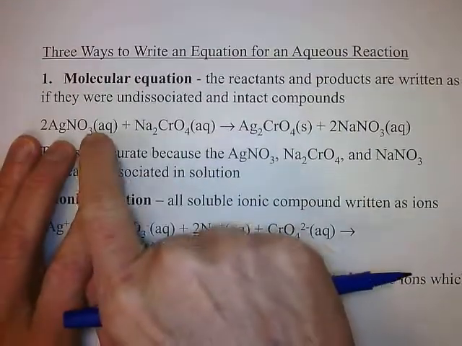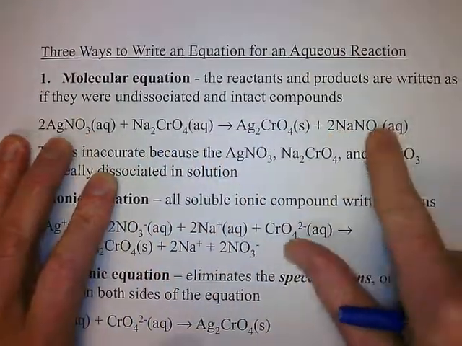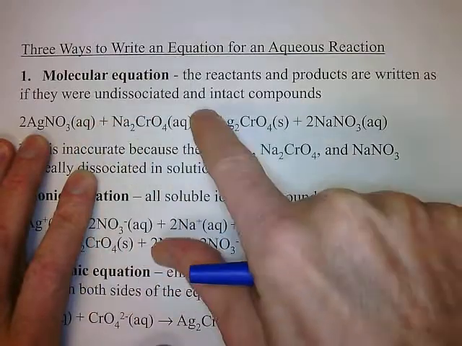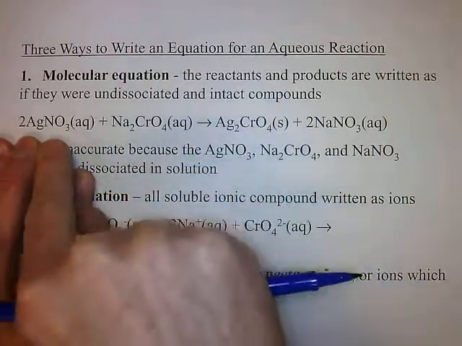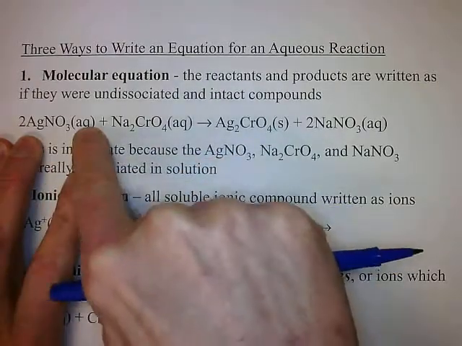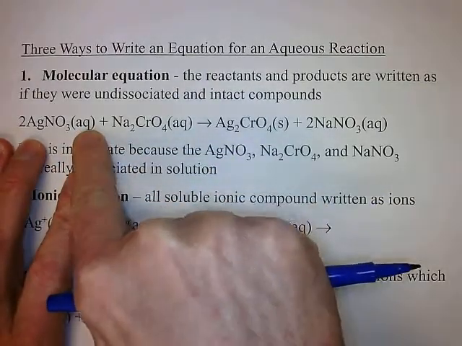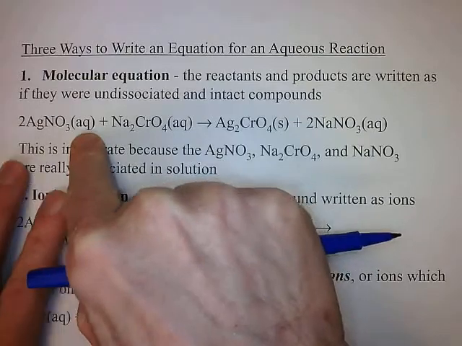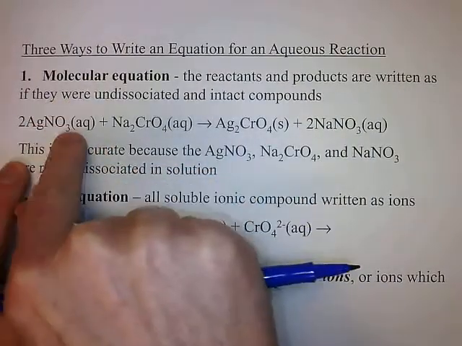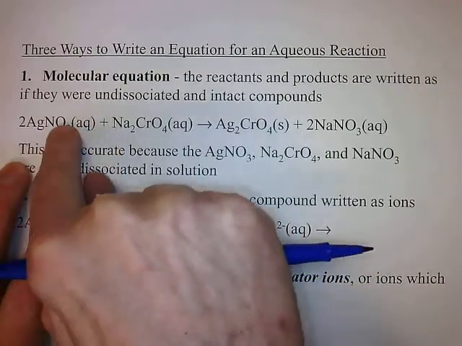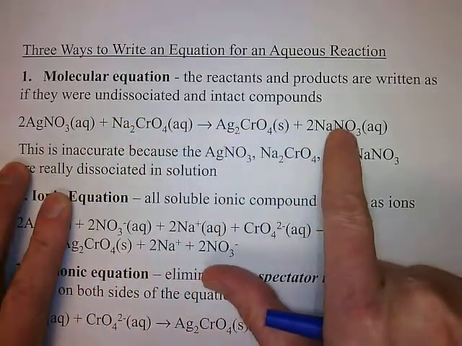This is the molecular equation. We write everything as if they're undissociated and intact compounds. In other words, we know silver nitrate is soluble. That AQ means it's in solution, and we know that it's really separated into Ag+ and NO3-, but we're going to write it this way in the molecular equation.